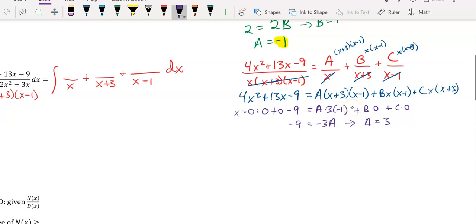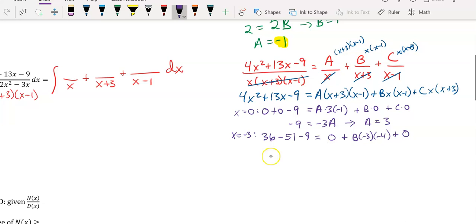Then I repeat that process. Now I'm going to plug in negative 3 for x, so x equals negative 3. So we have to do a little bit more arithmetic here. 4 times negative 3 squared is 36, plus 13 times negative 3 is negative 51, minus 9 equals a times negative 3 plus 3, that's 0, plus b times negative 3 times negative 3 minus 1, which is negative 4, plus c times a 0, so again a 0 here.